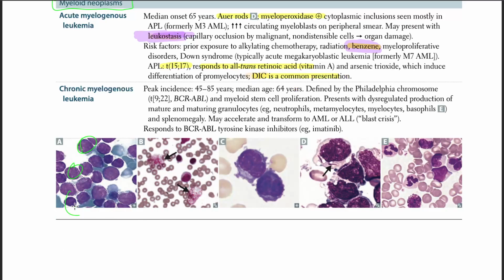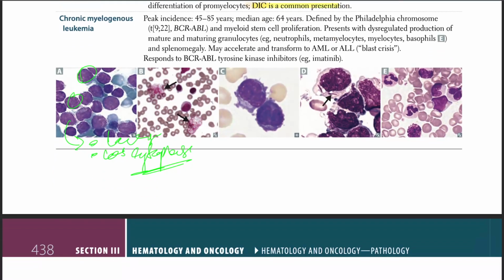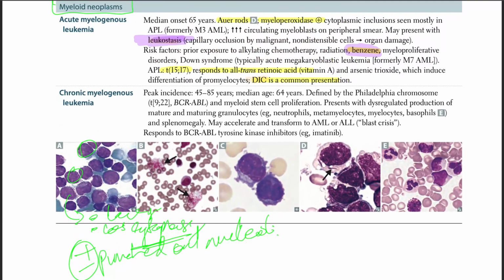Lymphoblasts are large cells, that's one thing. Second thing, they have less cytoplasm than normal. And there could be presence of punched out nucleoli, plus or minus, could be or could not be, in these blast cells.